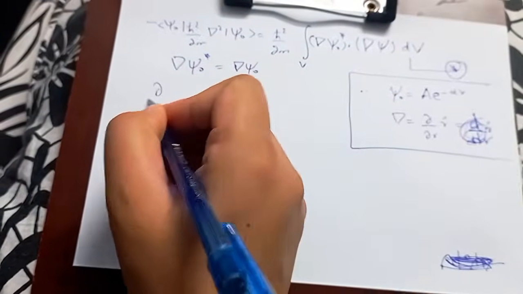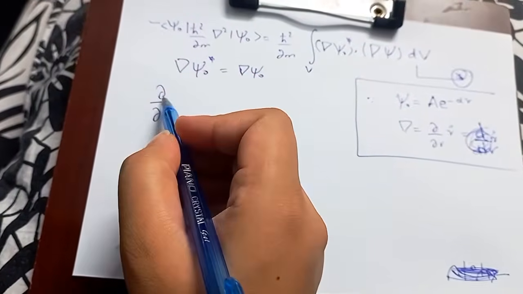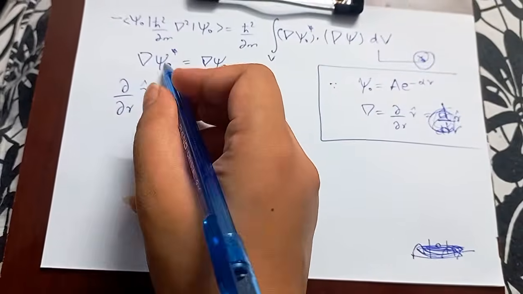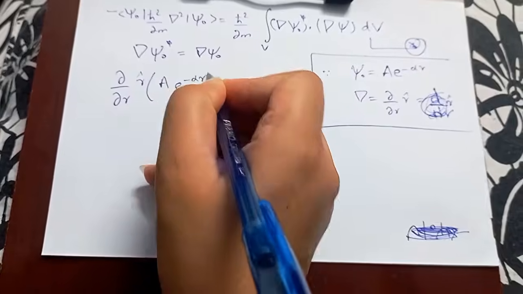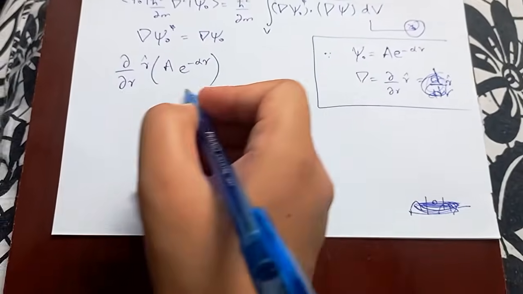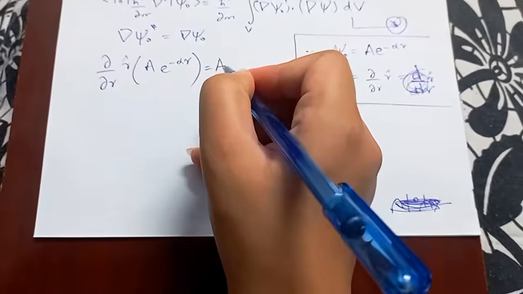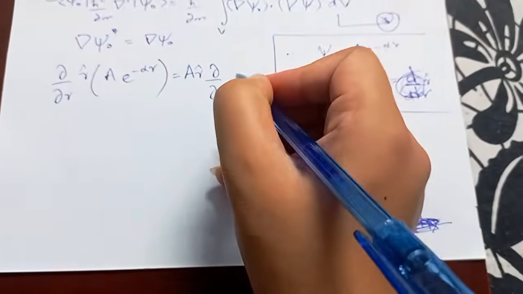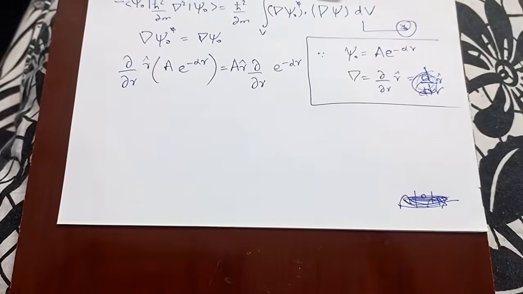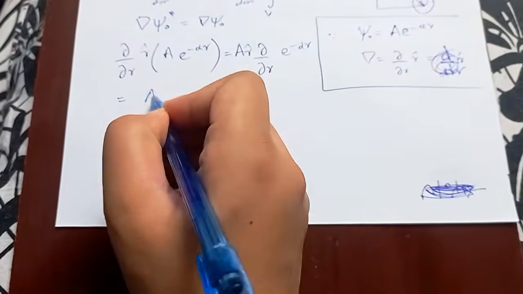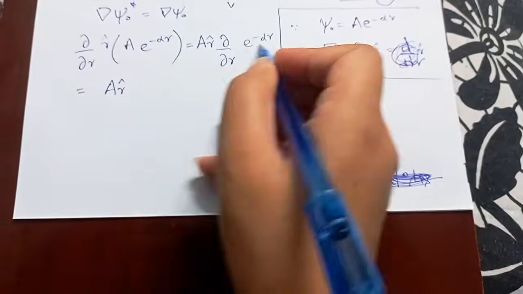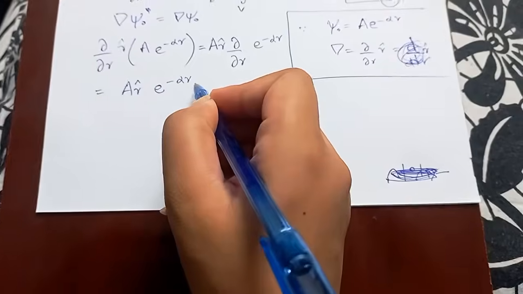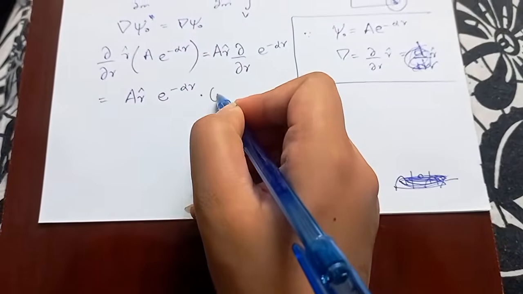So partial by partial r, putting the value of del, which is partial by partial r, r hat, and psi is A e to the power minus alpha r. A is constant, r hat is constant, so taking it outside, partial by partial r will be applied on e to the power minus alpha r. Taking the derivative of e to the power minus alpha r gives e to the power minus alpha r times the derivative of the power, which is minus alpha.